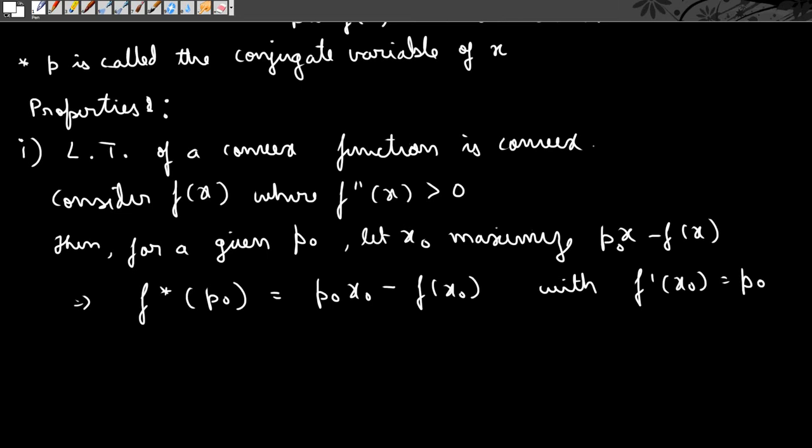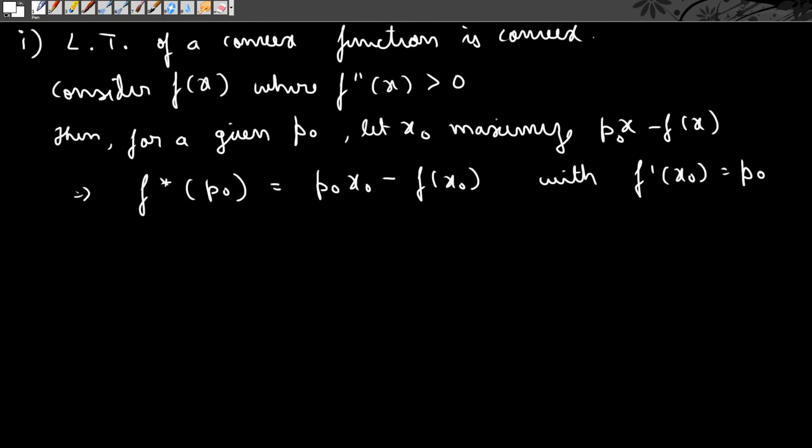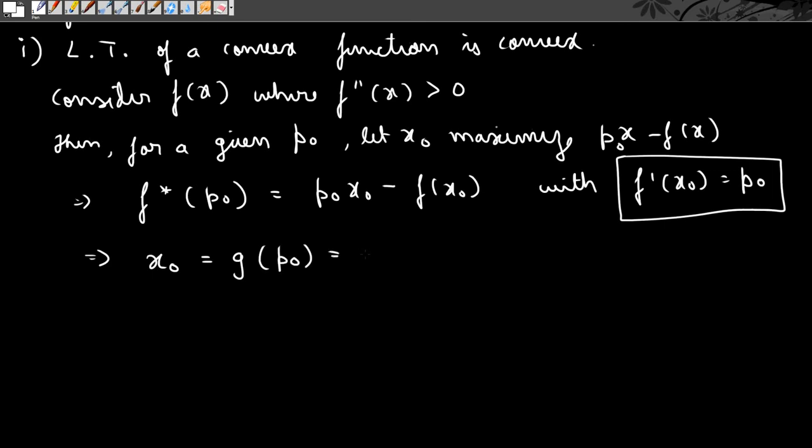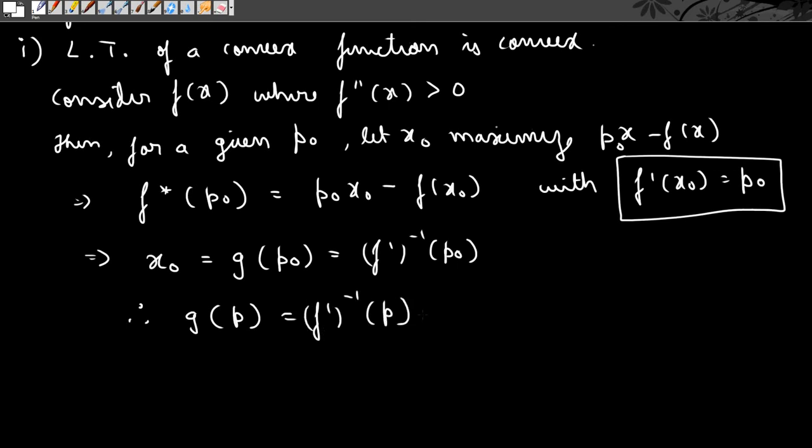This we have already seen in the previous lecture. This is the way the Legendre transform is done. So from this relation, x naught is some function g of p naught, which is nothing but f dash inverse of p naught. Therefore we have g of p equal to f dash inverse of p. This again we have already seen.